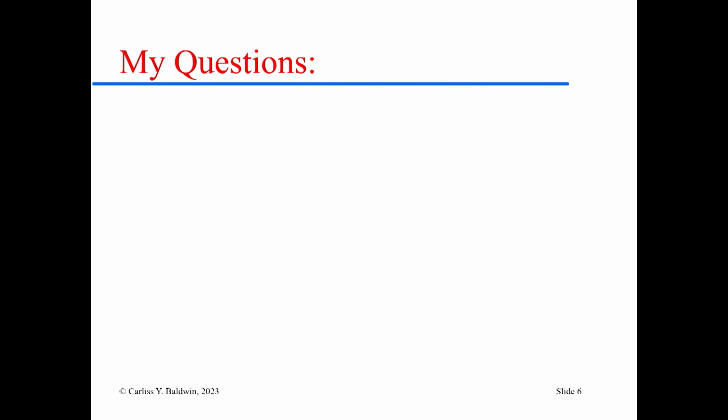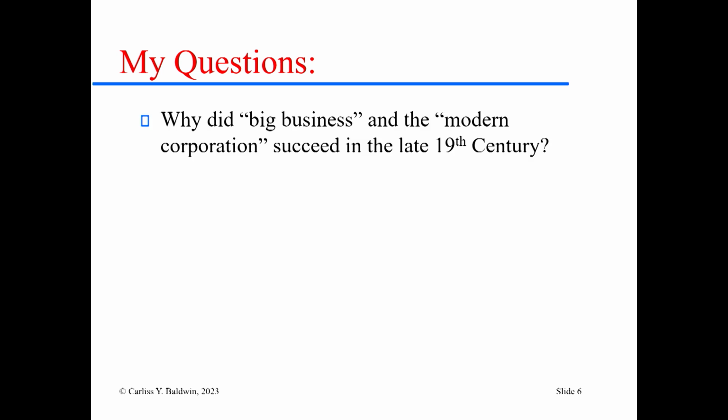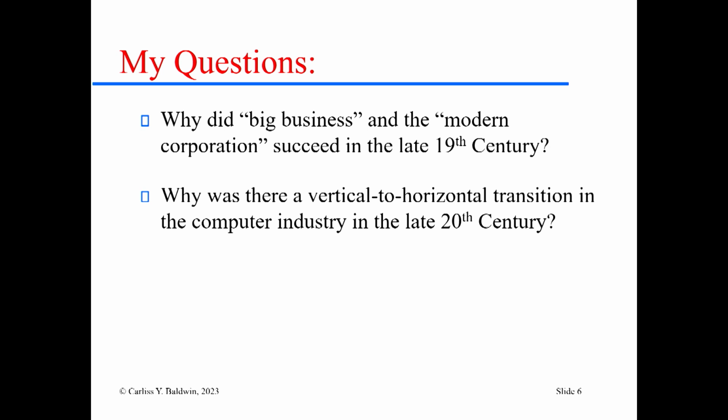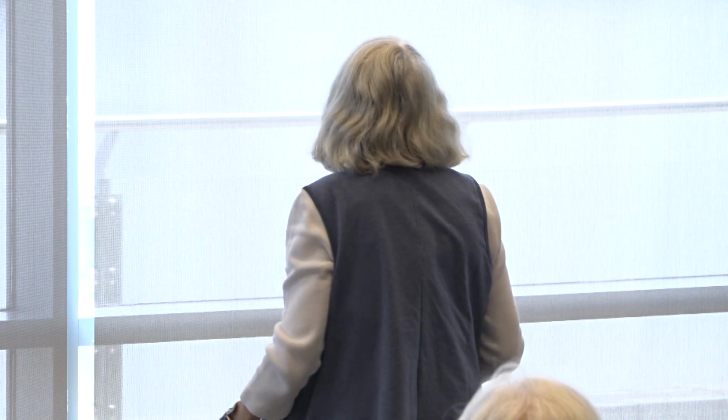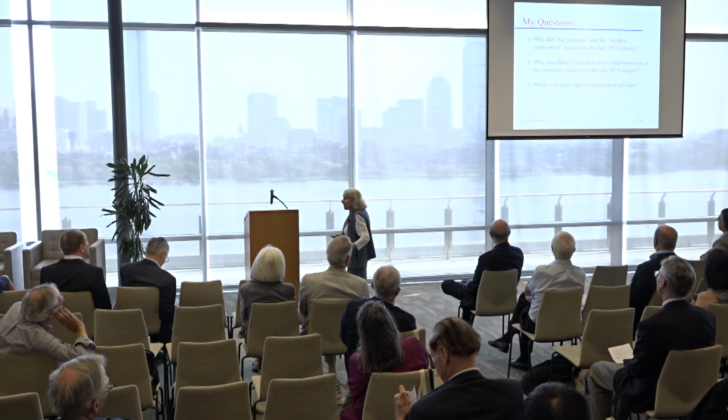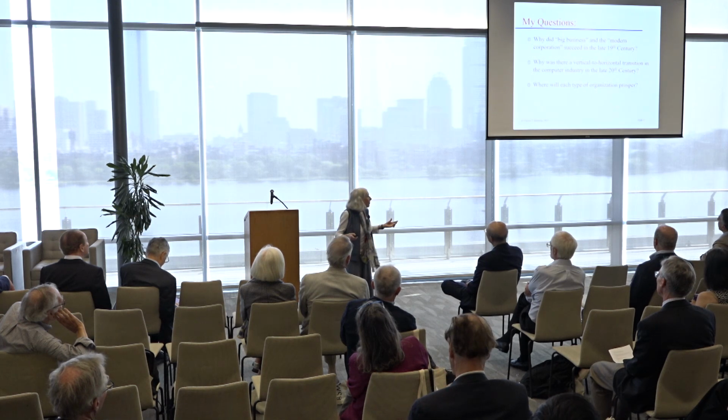And this went under the heading of mass production. My question is, why did big business and the modern corporation succeed and become dominant in the late 19th century? And why was there a vertical to horizontal transition in the computer industry in the late 20th century? So why, and where will each type of organization prosper?